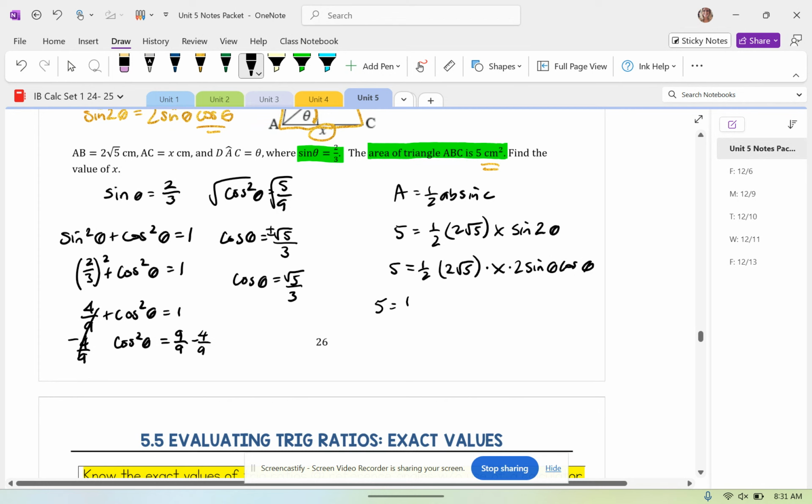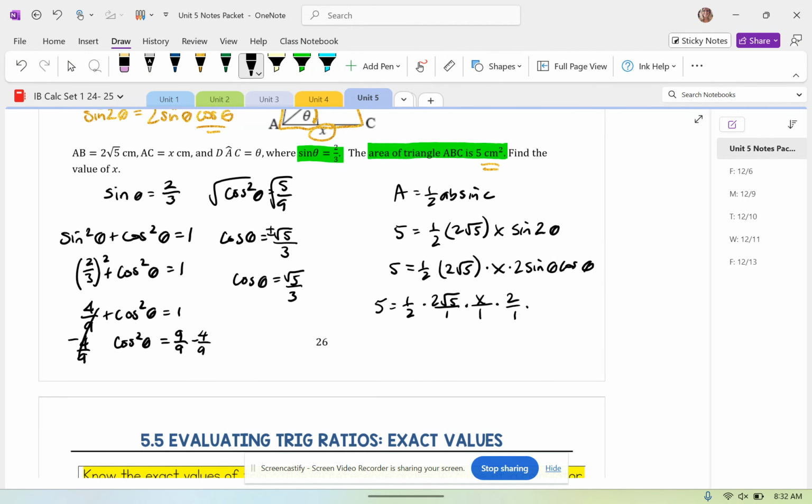So now I have 5 is equal to 1/2 times 2 rad 5/1. I'm kind of splitting everything up because I'm going to end up having to multiply all these fractions by hand. So we've got x/1 times 2/1 times the sine of theta, which was given as 2/3, and the cosine of theta is rad 5/3.